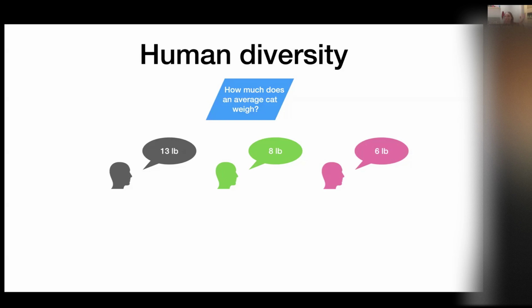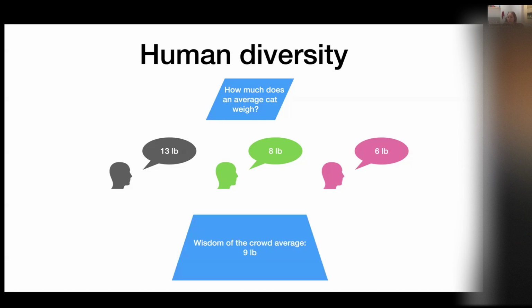Diversity means different mistakes. So when a bunch of people all making different mistakes take a vote, they tend to get something that's very close to the truth. This is called the wisdom of the crowd, and the more diverse the crowd is, the wiser it is.